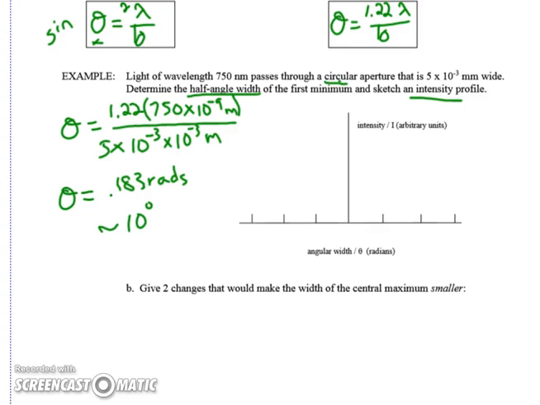What that means then, our intensity profile, here is 0 radians. We're going to expect a large peak relative to everything else. Let's let this first mark here represent our first minimum. Okay, so we just found our first minimum is 0.183 here. We'll call this negative 0.183 on the other side. And so we're going to drop it down.